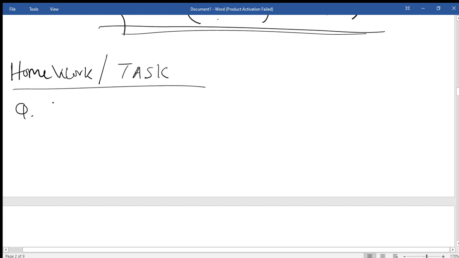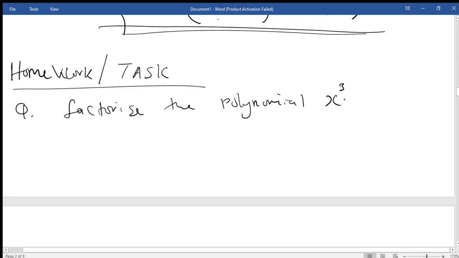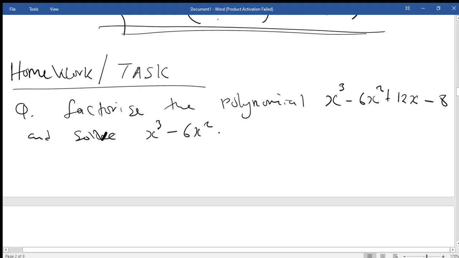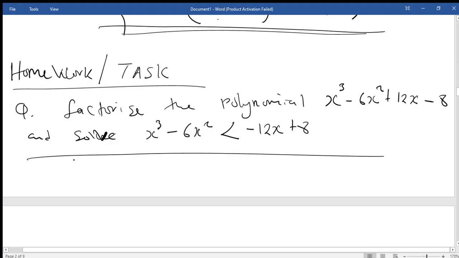You can solve the question which says: factorize the polynomial x power 3 minus 6x squared plus 12x minus 8, and hence solve the inequality x power 3 minus 6x squared less than negative 12x plus 8. This is a task you can go with.